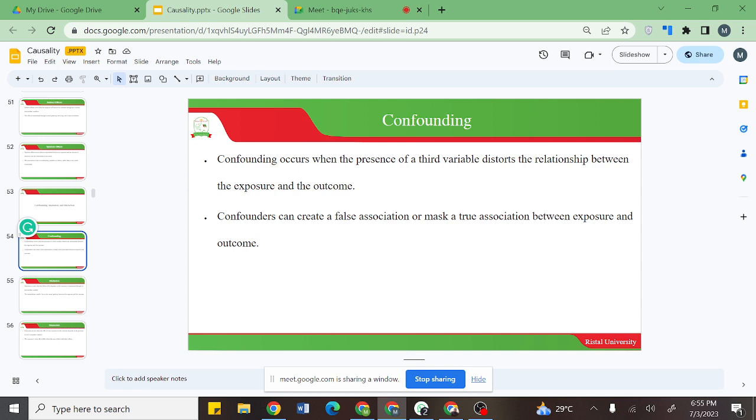This can cause lung cancer, but your interest is only looking at smoking and lung cancer. And yet there are others. It's just like when someone steals from you. You may be focused on one person, yet there are also possibilities that another person would have actually been the one who stole from you. That's what we call confounding.